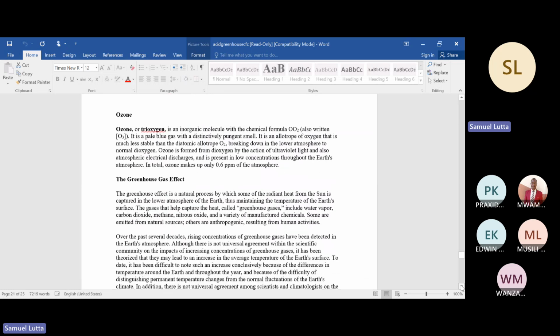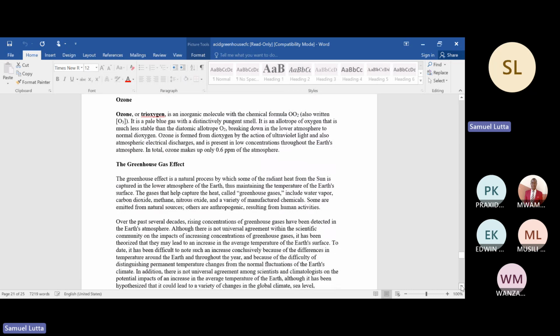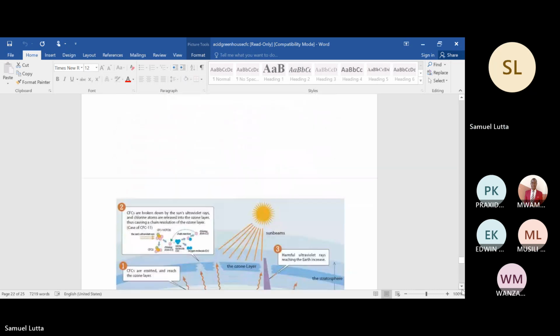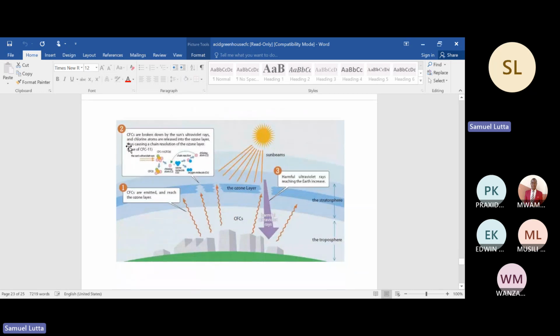I think we have said the effect of the same. So I think this is also another reaction showing the same. Here we have CFCs which are emitted and reach the ozone layer. This is the ozone layer here. So when you have these gases here, they'll deplete this ozone layer.